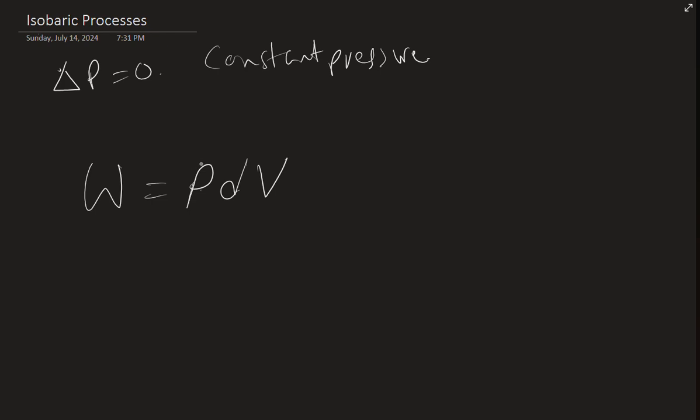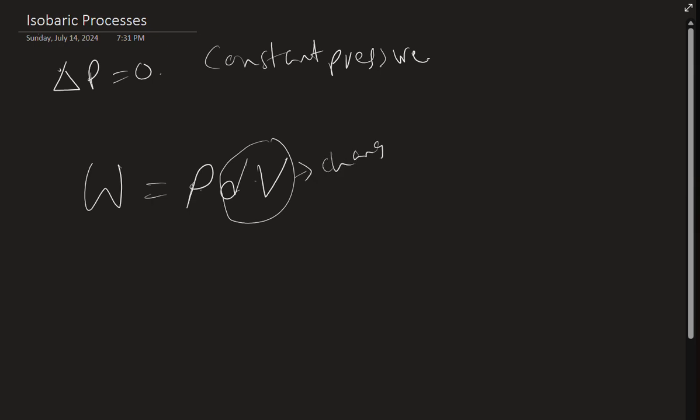So that's the value we'll use here, 5 bar. There will be no change. P dV. dV means the change of volume. So V2 minus V1, change of volume, W is equal to P dV. And that's it for the isobaric process.